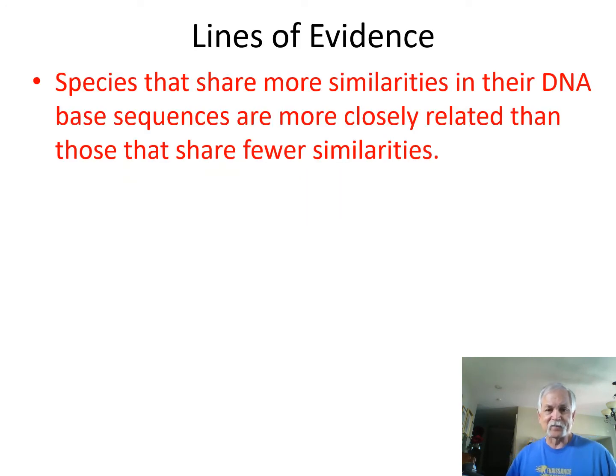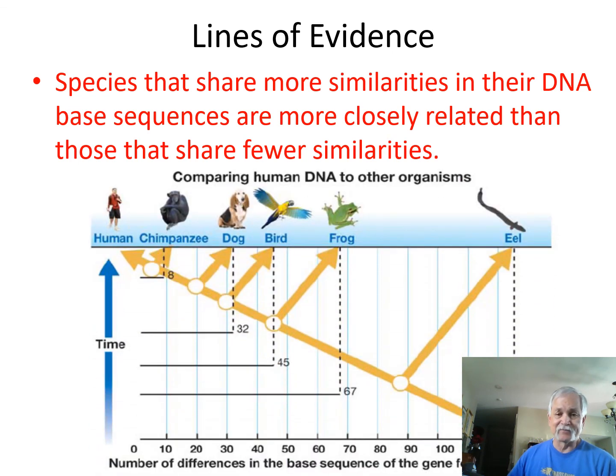All right. Now we're going to look at DNA. We're going to compare the DNA of a human to a chimpanzee, a dog, a bird, a frog, and an eel, keeping in mind that this is just one trait. It's the gene for hemoglobin. Hemoglobin is the chemical that's in red blood cells that allows them to carry oxygen to all your cells.